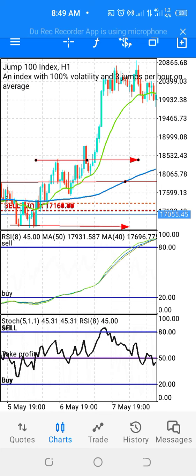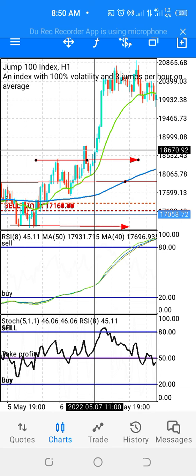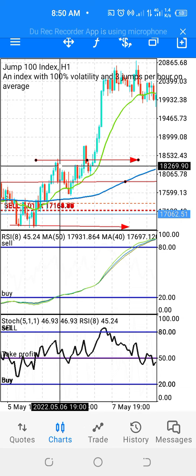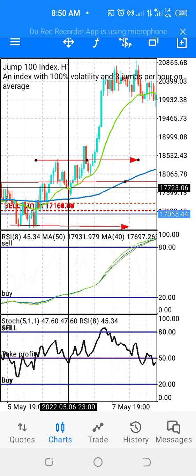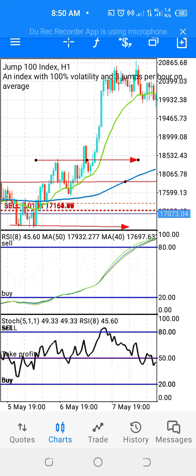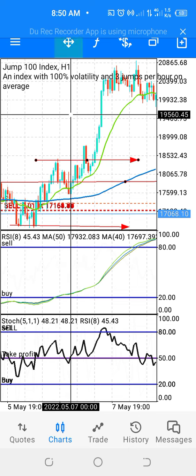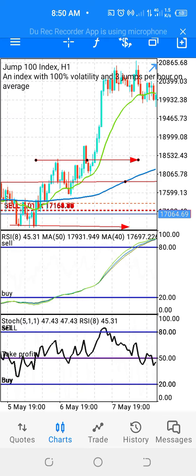That is the highest. Then the market went up, it went up, then down. So this area now becomes the high low. This area became the high lows here, that area.